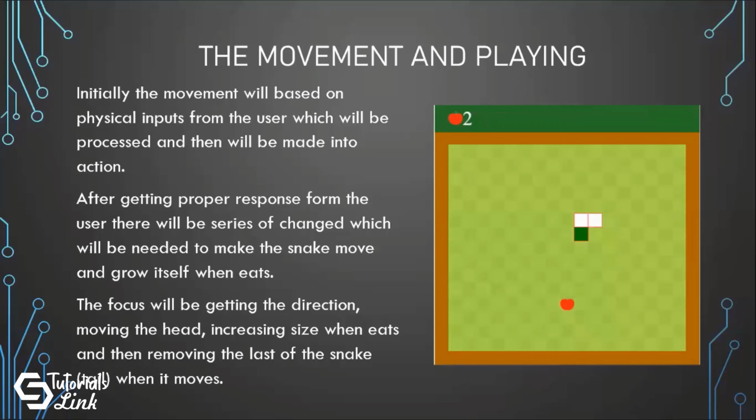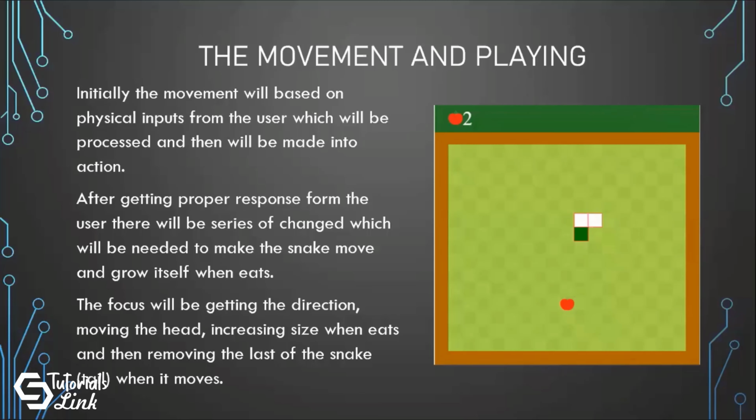So when the physical inputs by the user are given, whenever the action is proceeding, we have to quickly respond to it. Let's say I'm pressing the right arrow; we have to make the snake in such an order that whenever we press the right arrow, it should move towards the right. The focus will be getting the direction, moving with the head, increasing the size when it eats, and then removing the last part of the snake's tail when it moves.